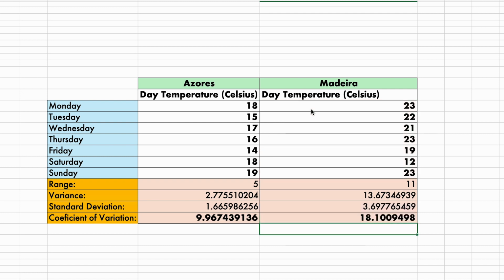Once again, the measure confirms our expectations. 10% indicates that the Açores climate is less unstable than the 18% dispersion of data in Madeira.